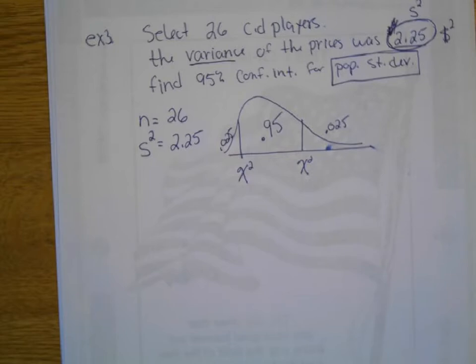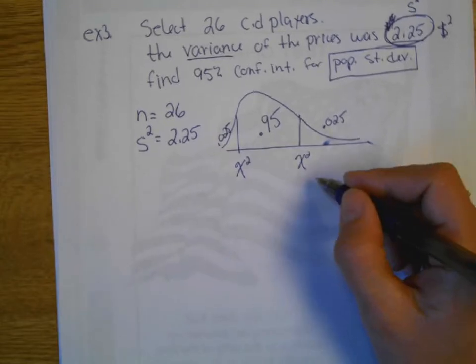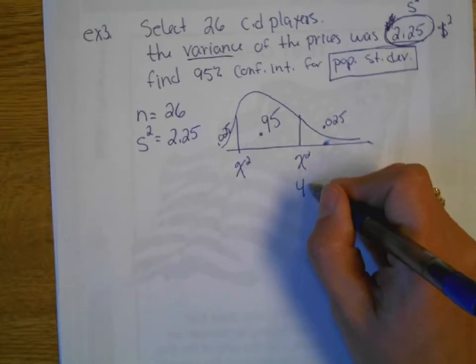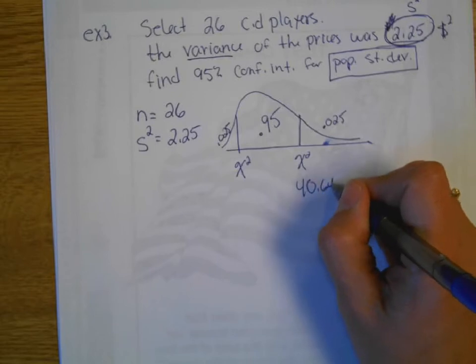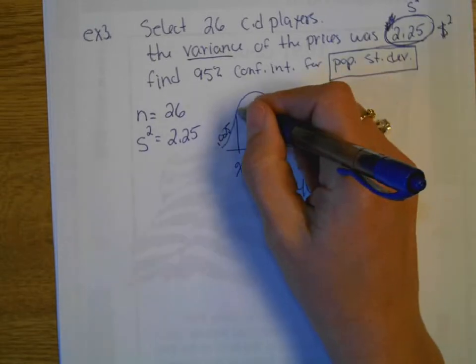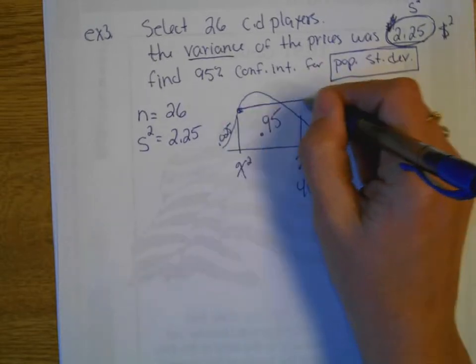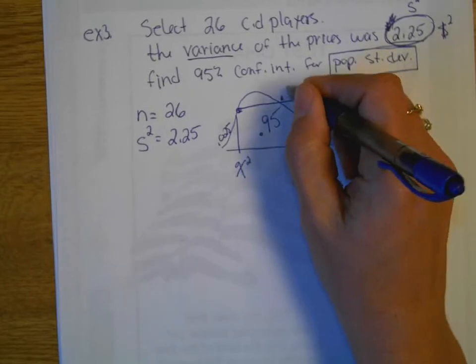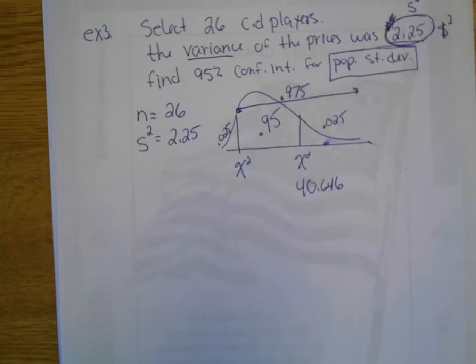How many degrees of freedom do we have? 25. If you read over to the 0.025, you find 40.646. And now the left one, which is going to be smaller, you look up under 0.975.